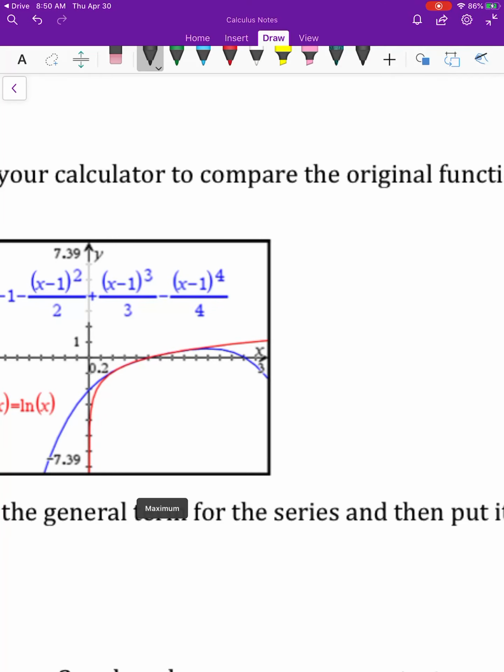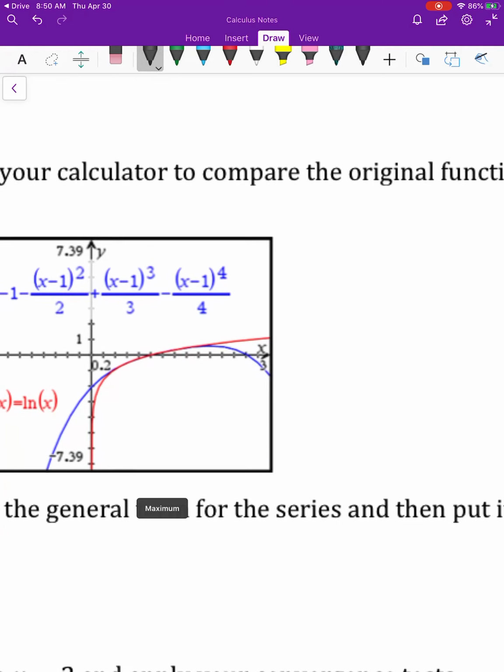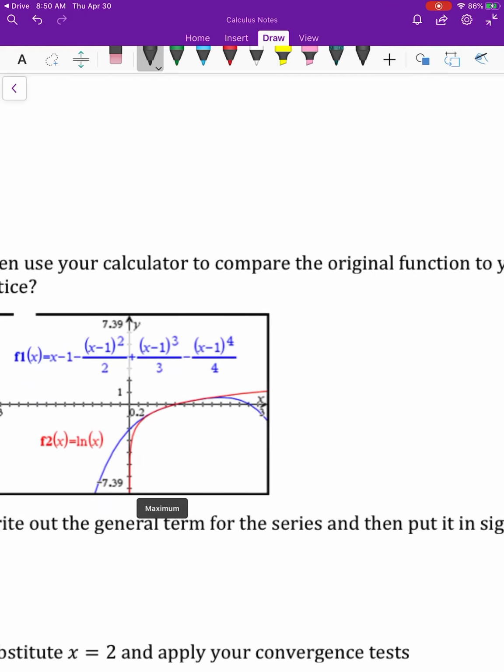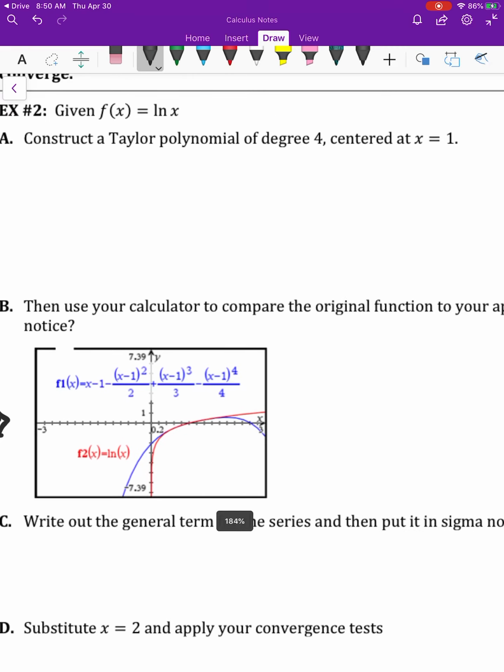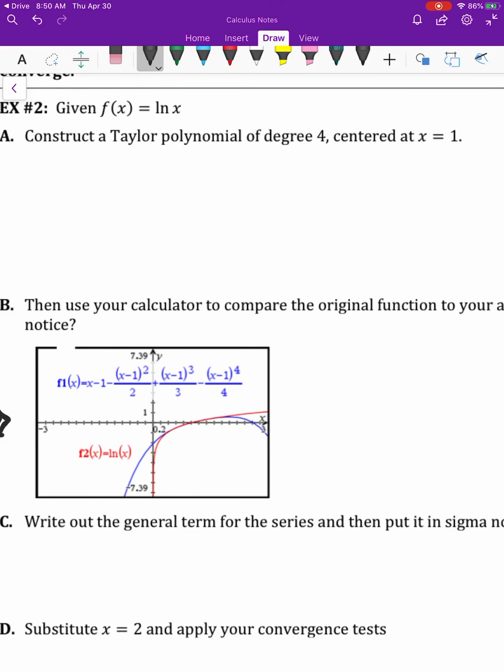But of course, that's where we get into our interval of convergence, because at a certain point, they start to get too different from one another to use it as a comparison. Because what we're trying to do is take a polynomial function and use that to talk about a certain part of a function that's difficult to talk about without a calculator.